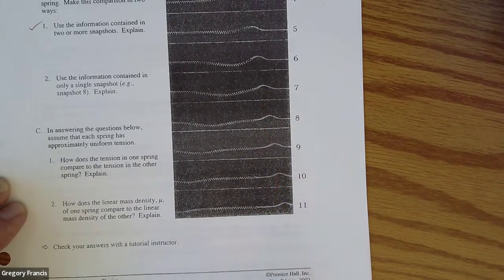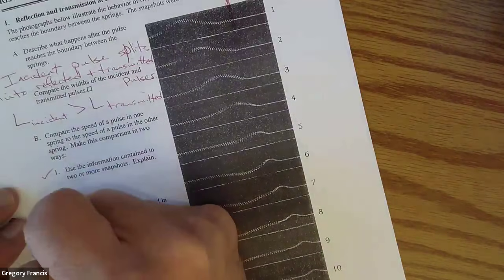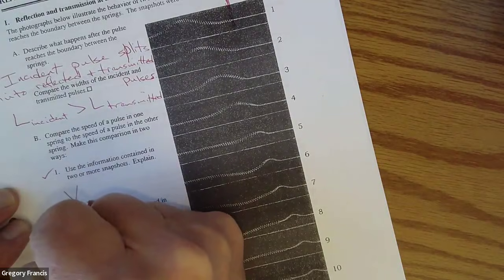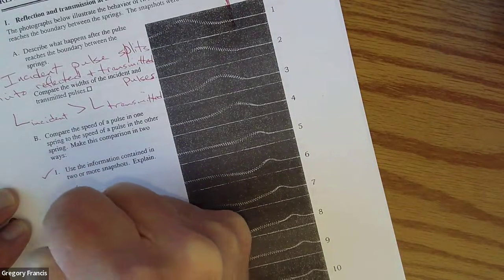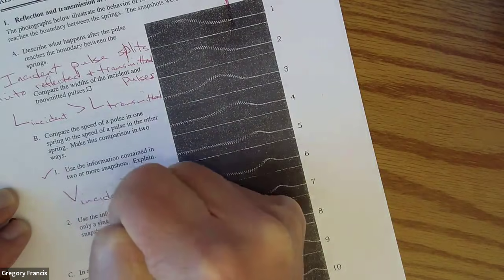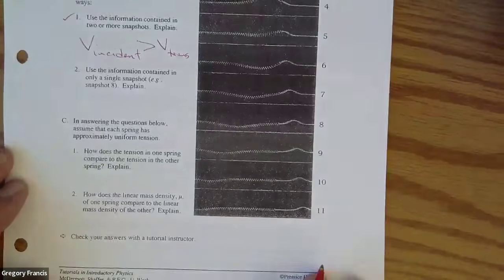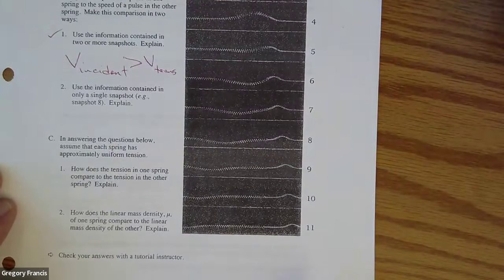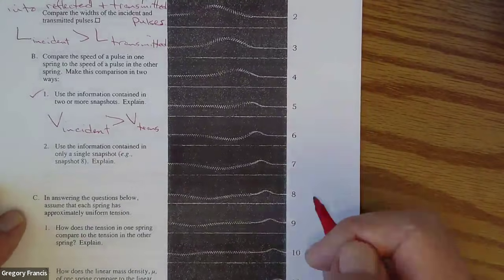And so we can see that the speed, the velocity of the incident is greater than the velocity of the transmitted. Now, we can also make the same determination just by looking at snapshot 8.